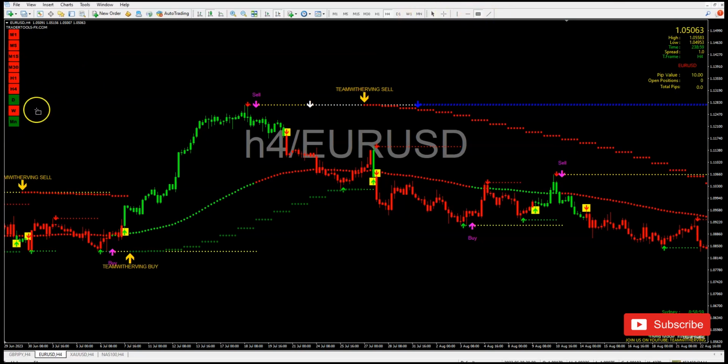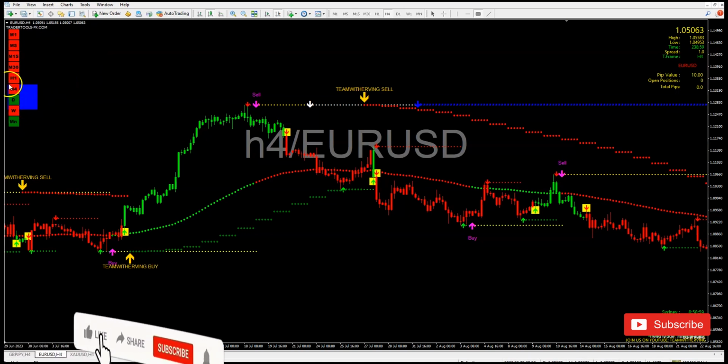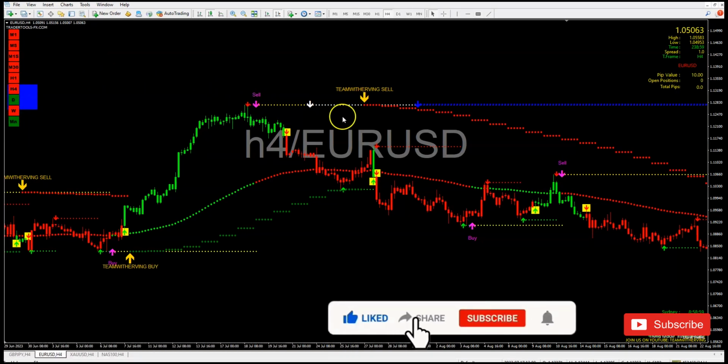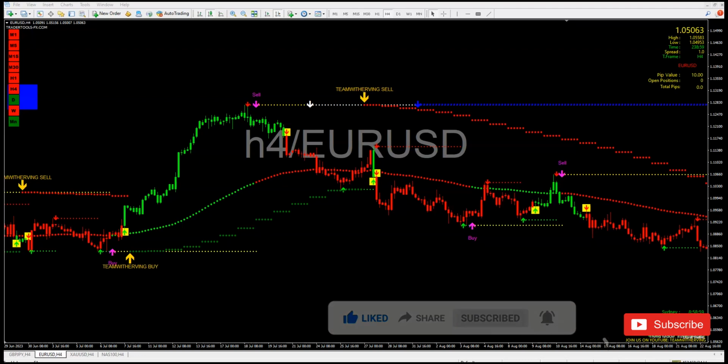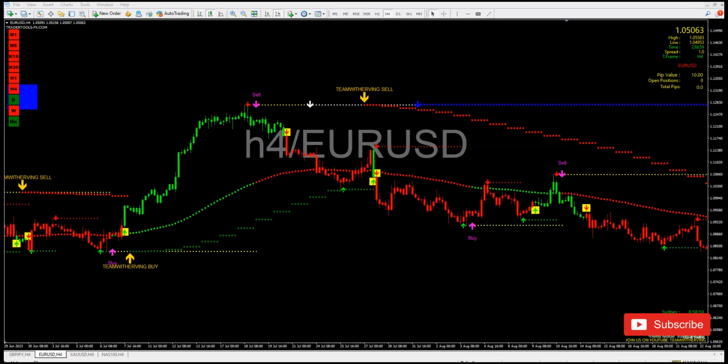The dashboard is gonna give you the answer. I love to use 4 hours and the daily time frame. Why? Because those are some of the higher time frames on the market. If you pay attention here, look at here, the market has 4 hours, daily, weekly, and monthly. That's what I love to use, 4 hours and daily.